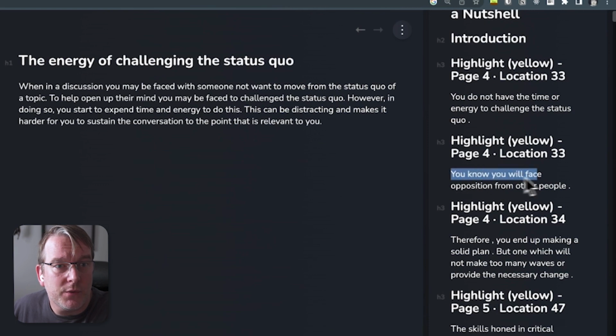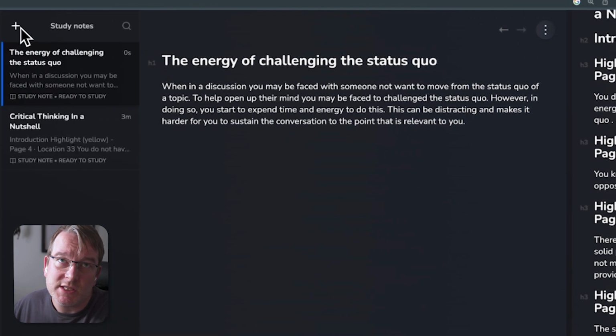You know you will face opposition from other people. So this is in the context that when you start using critical thinking in conversing in dialogue, that other people, they generally don't always want to have that dialogue. They don't want to explore the root understanding of things. They have their position, they have their understanding.